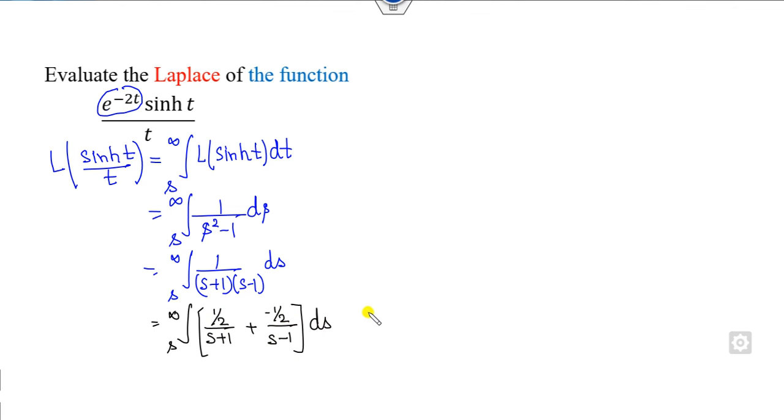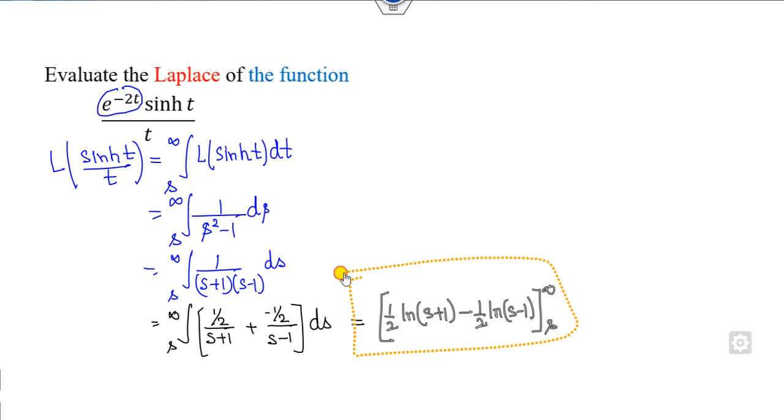Fine. Now what is the integration of this? I can write here, half is outside, ln of s plus 1 minus half ln of s minus 1 from s to infinity.